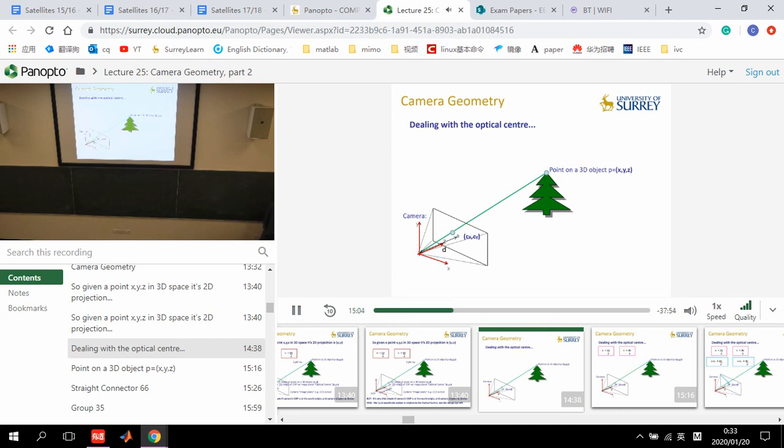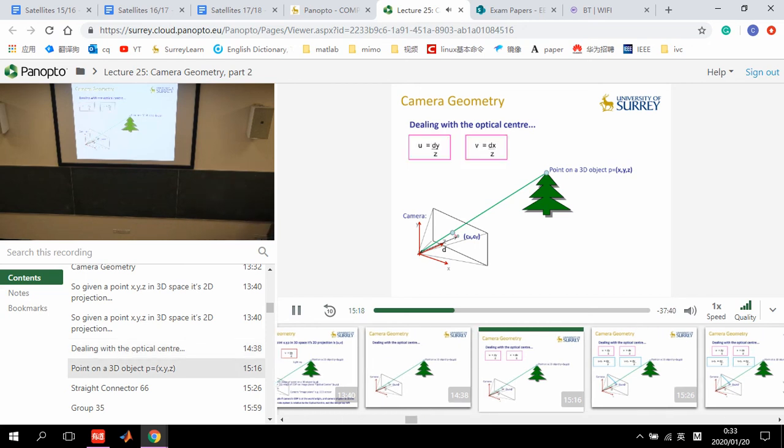So if we call the coordinates of the point at which the camera's optical axis punctures the image plane cx, cy, then it's going to be trivial to correct from our simple version of the maths to this more general case, because all we need to do is just express them as an offset from a different origin. And we know how to do that.